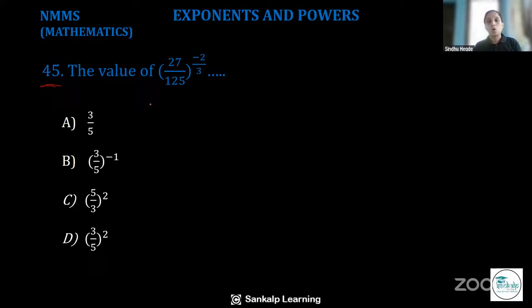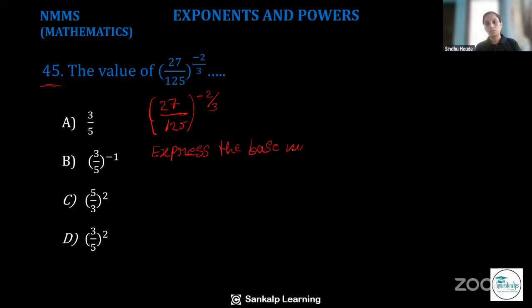So the value of 27 by 125 whole to the power minus 2 by 3. This is our given number. Let me express the base numbers as powers.